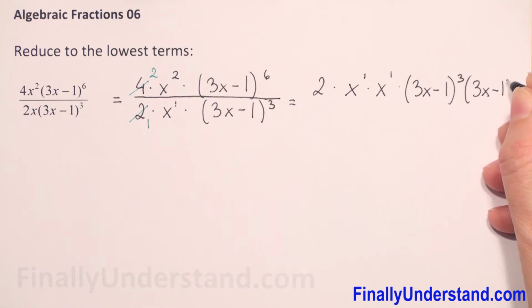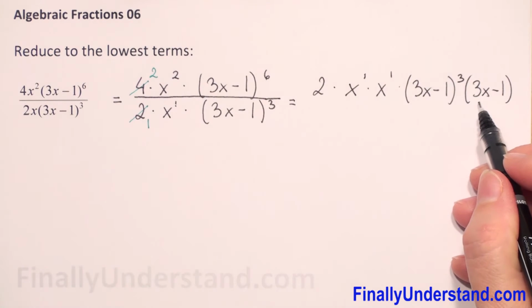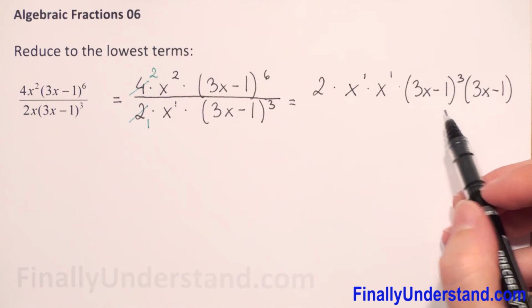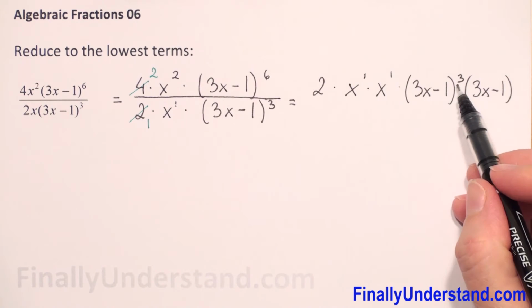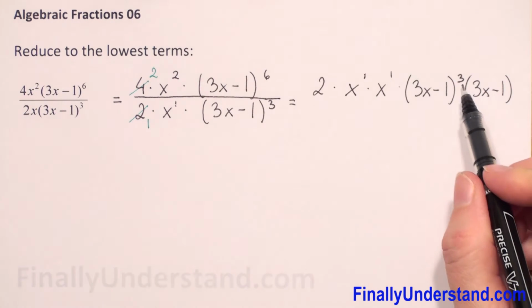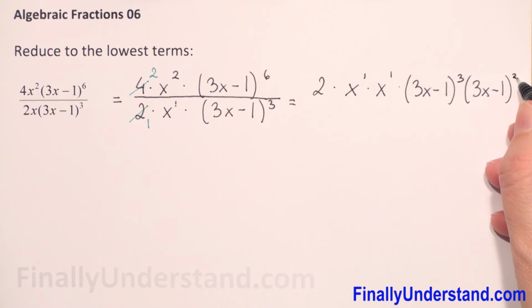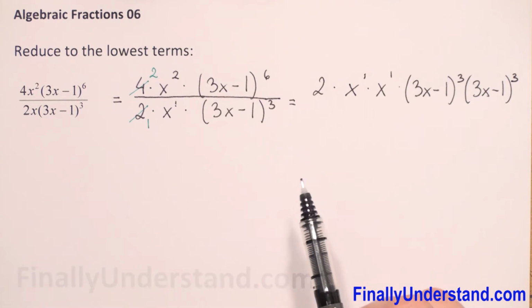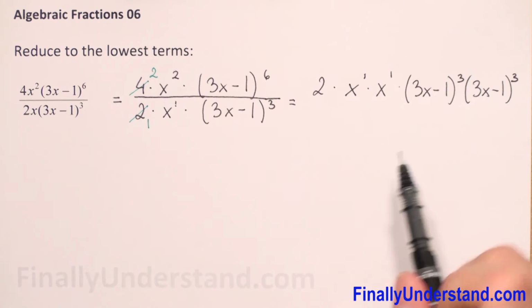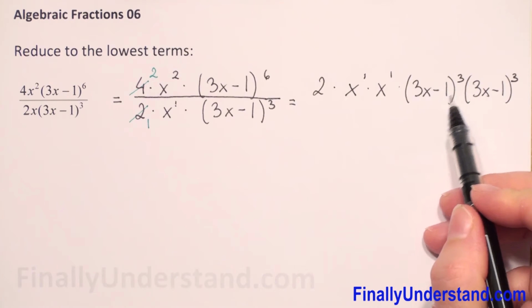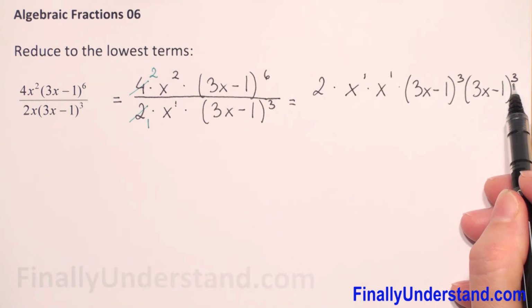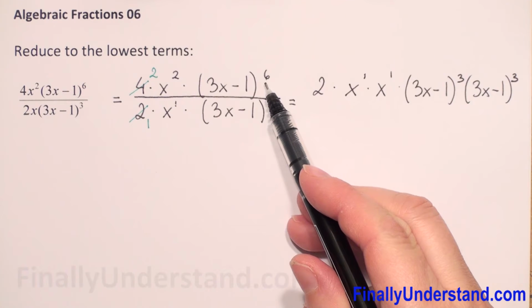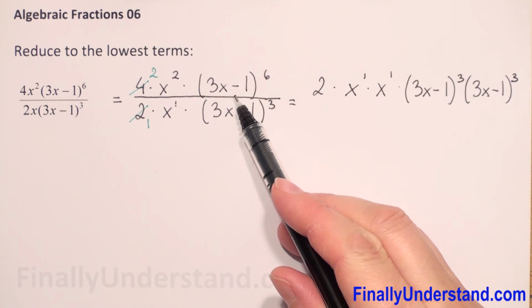I copy the base, and now what we need here, when we have 3, 6 minus 3 is 3. Still, I didn't change anything, because when we have the same base, we just add exponents. 3 plus 3 is 6. So I have everything what I had at the beginning.